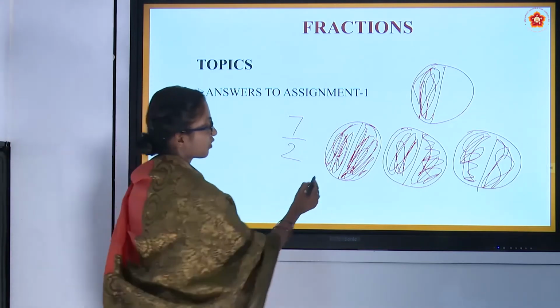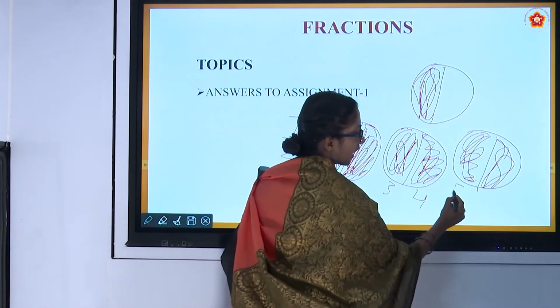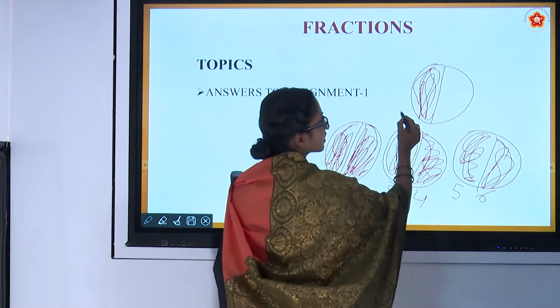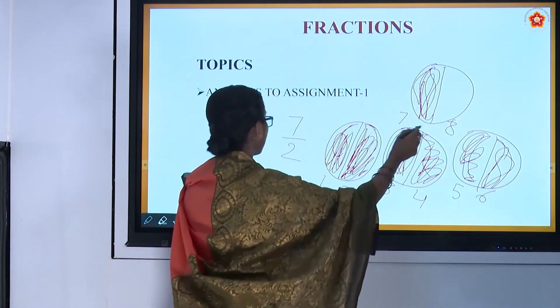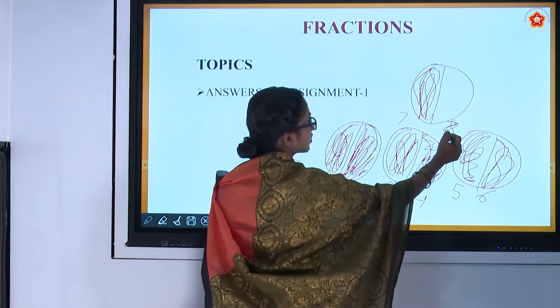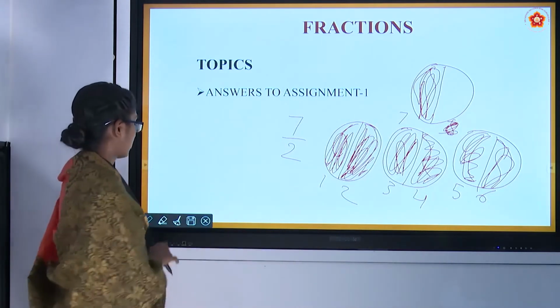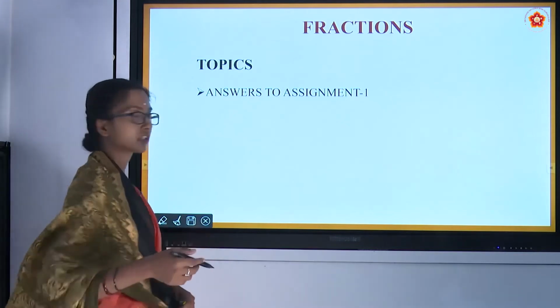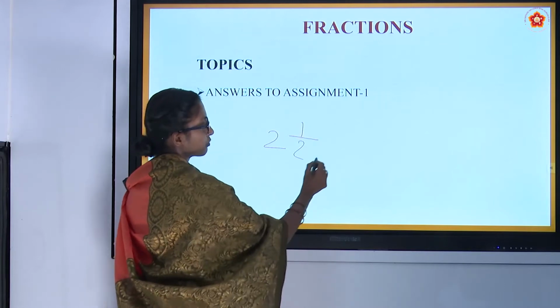7 by 2. 1, 2, 3, 4, 5, 6, 7, 8. There were 8 parts only, so let's not consider this. 7 parts are shaded. In mixed fraction, 2 is to 1 by 2.